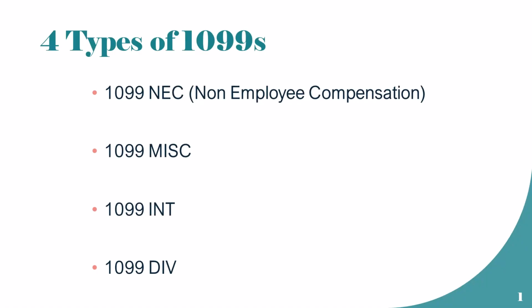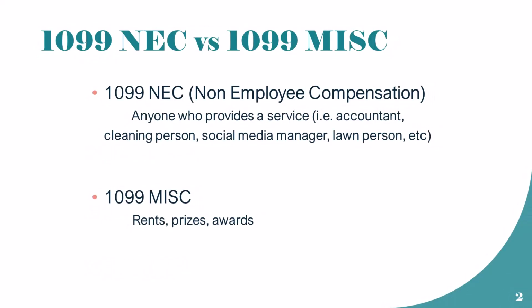There are four types of 1099s. There's the 1099 NEC, which is your non-employee compensation, your 1099 miscellaneous, your 1099 dividend, and 1099 interest. The 1099 NEC is given to anyone who's provided services.